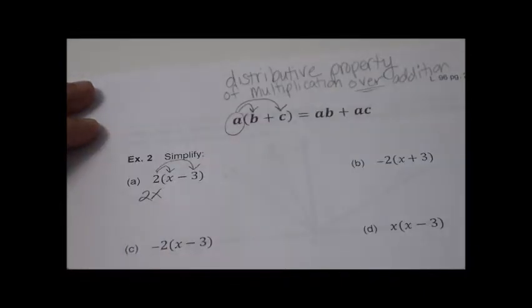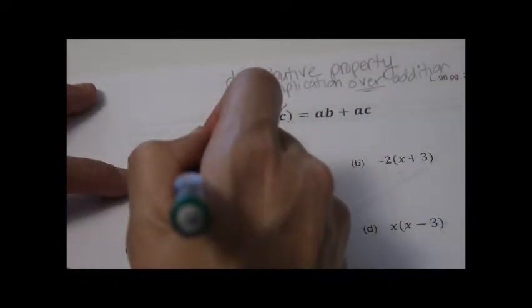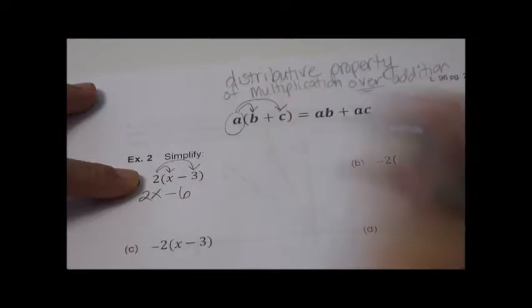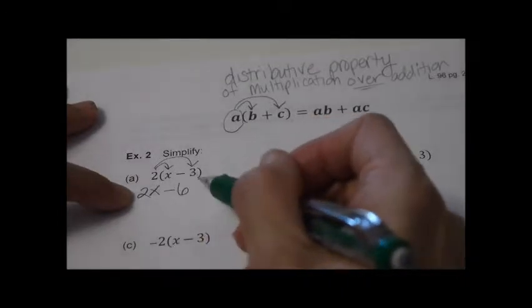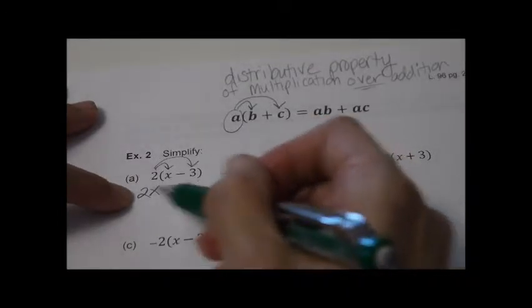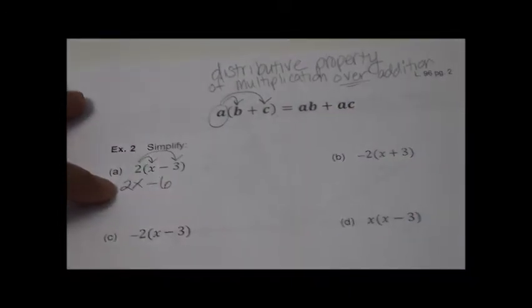So 2 times x is just 2x. And 2 times -3 is -6. So we end up with 2x minus 6. And it looks just like that, okay?